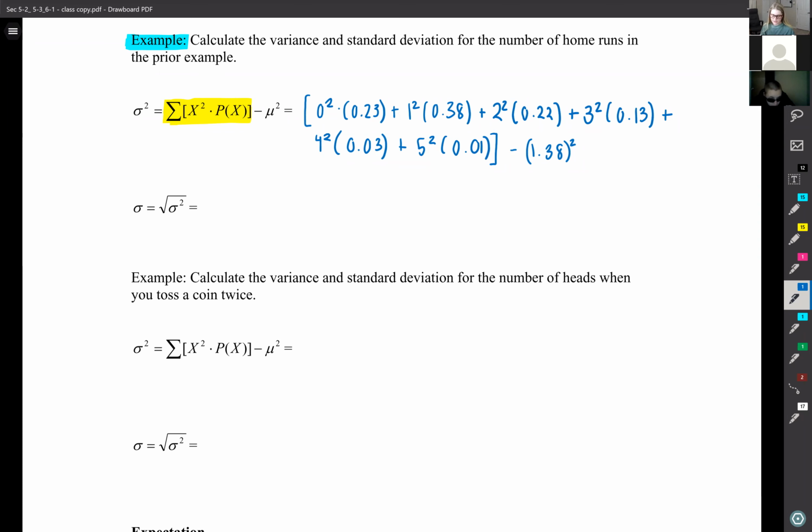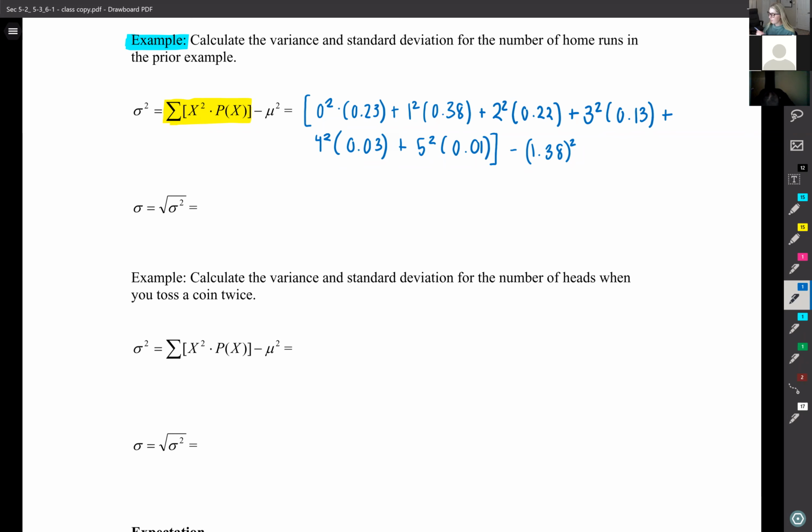So 0 squared times 0.23 plus 1 squared times 0.38. Like I said, you can follow along with me, make sure you get the same thing. Plus 2 squared times 0.22 plus 3 squared times 0.13 plus 4 squared times 0.03, 5 squared times 0.01.